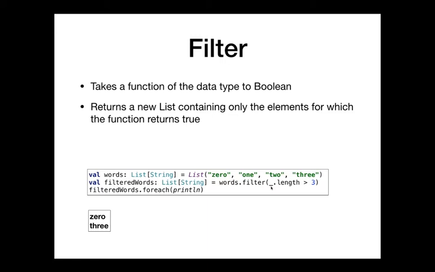But this means instead of saying s of type String and then equals greater than, like that big arrow, then the body of the function being s.length greater than 3, instead of writing out the entire function with the parameter list and the body of the function, this is the shorthand that says, look, Scala can infer the type of the input. It's expecting an input of type String. There's only one input, so I'm just going to put an underscore here in place of the name of the input.